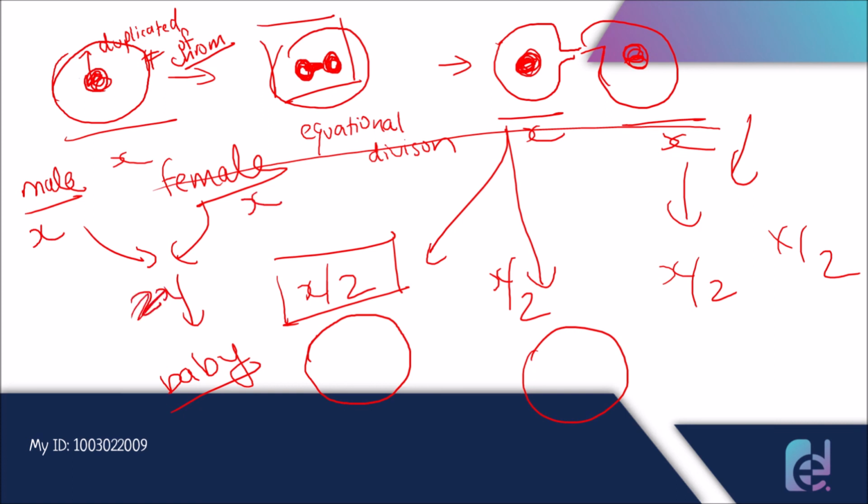So that doesn't make sense. So this is why the male gives half, the female gives half, and then the baby gets the total X. So this is why in meiosis, which happens in reproductive cells, we get half the number of chromosomes. We essentially require half the number of chromosomes in meiosis.